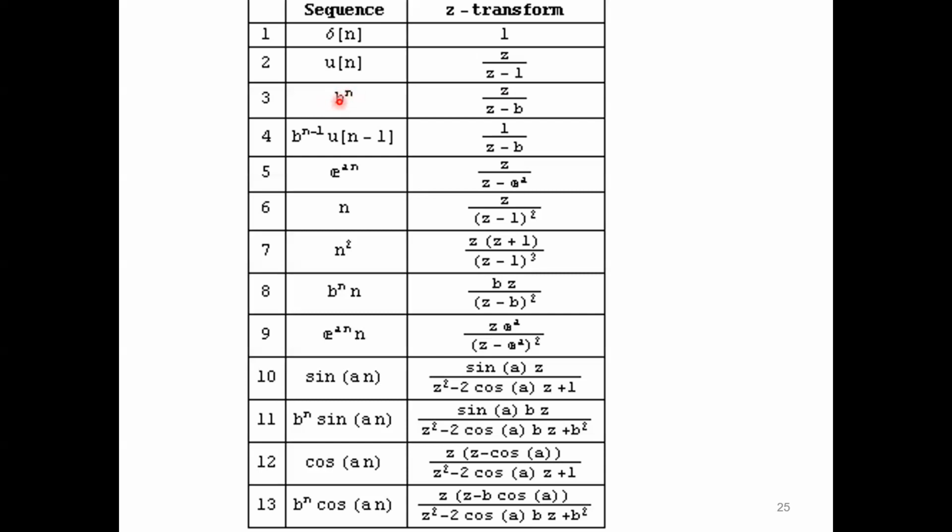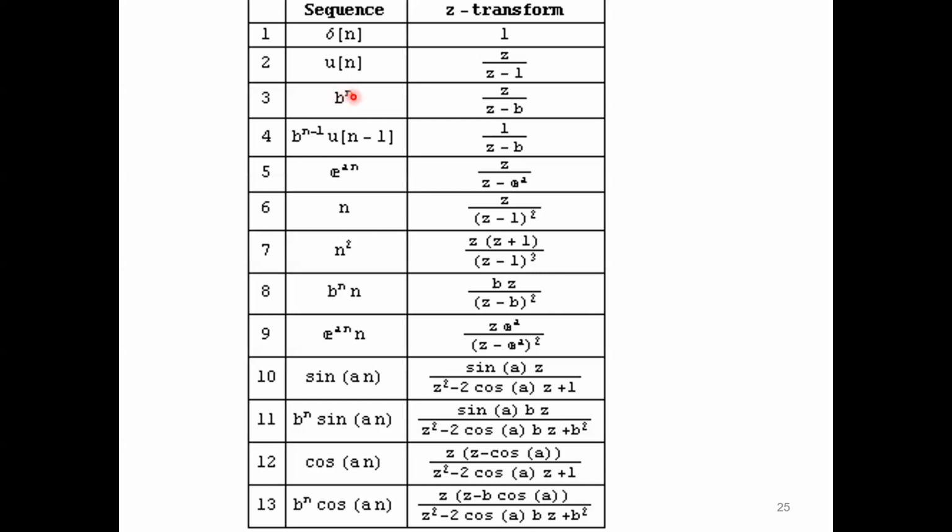The first one is b to the 0. So irrespective of the value of b, the function has value 1. Anything to the power 0 is 1. So then let's say b is 2. 2 to the 1 means 2. That is the second sample. And third sample is 2 to the 2.